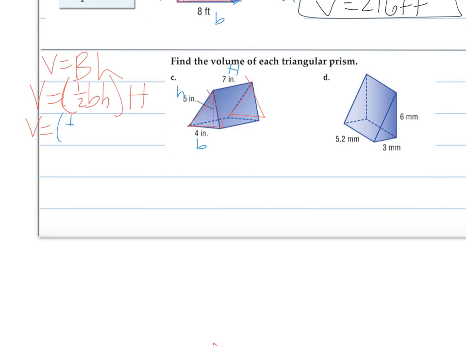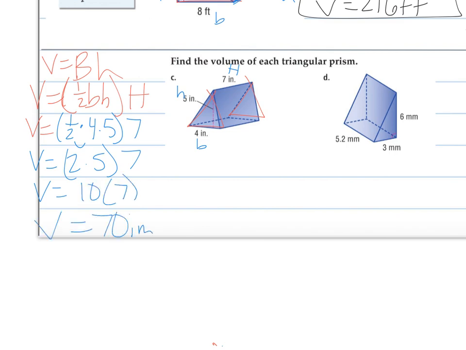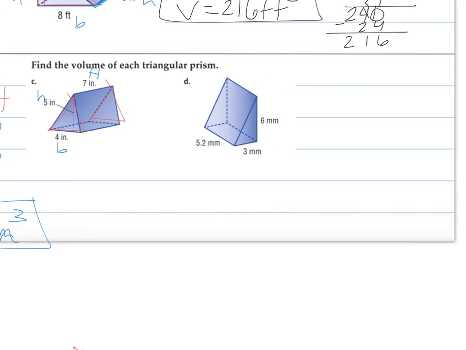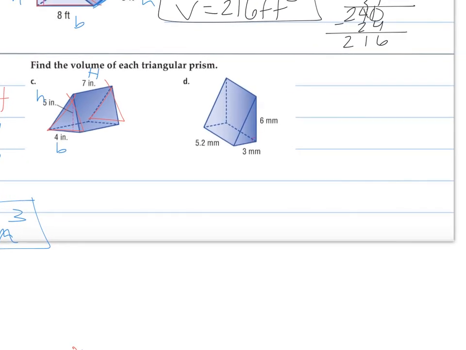So I have 1/2 times 4 times 5 times 7, which would be 2 times 5 times 7, which is 10 times 7, for a volume of 70 cubic inches. Bear with my writing, please. Really encourage you to try this one on your own and then come back.